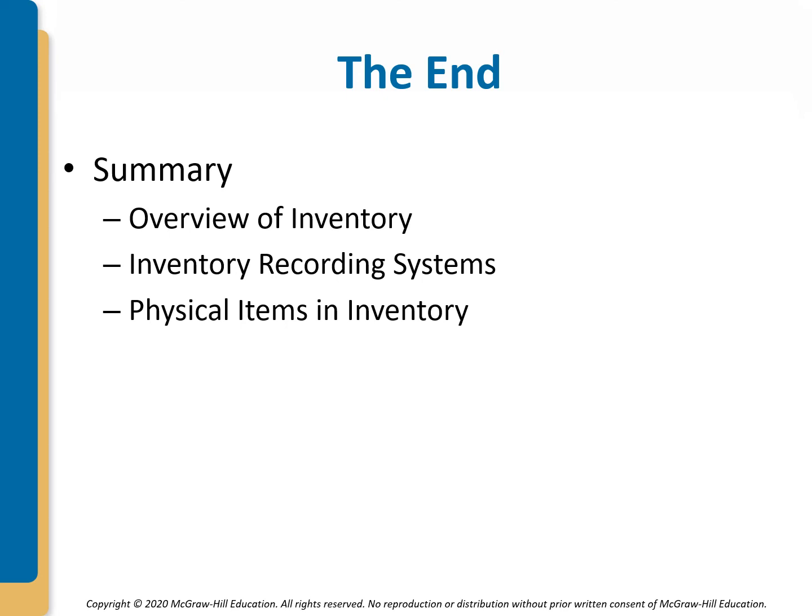Whereas the periodic system records all of the purchases that occur during the period in a temporary account, and at the end of the period, it uses the ending physical inventory available to determine how much the cost of goods sold is. Basically, perpetual system, continuous flow of information. Periodic system, updating happens at the end.